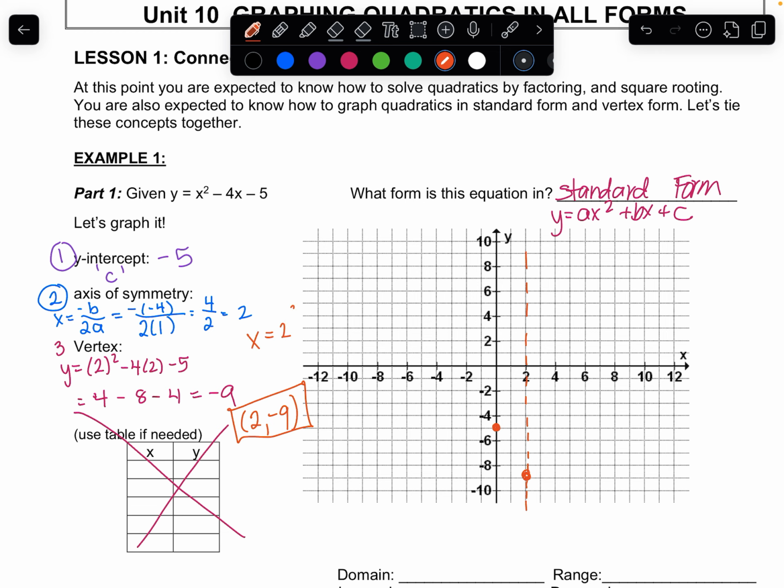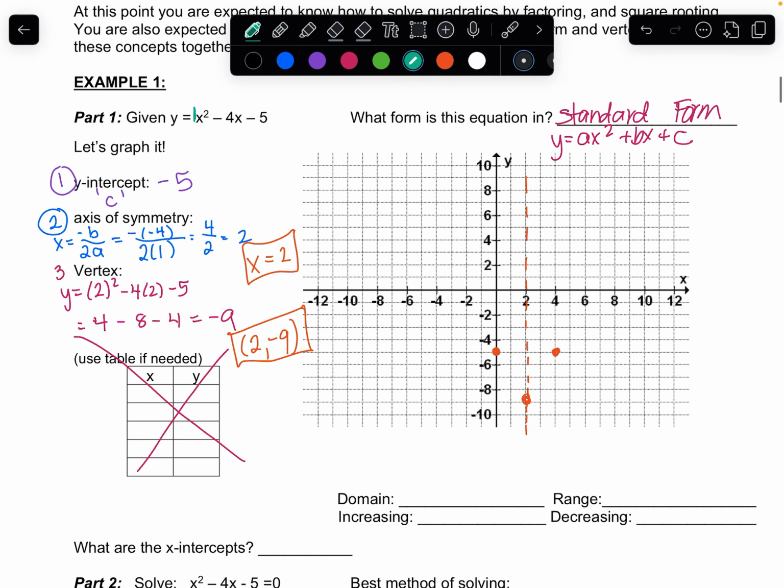And our axis of symmetry is actually x equals 2. Now we can reflect our point over, and how do we get more points? Well, since our a value is 1, we can go over 1, up 1, and that creates our graph. And so when we connect our points, our graph looks like this.